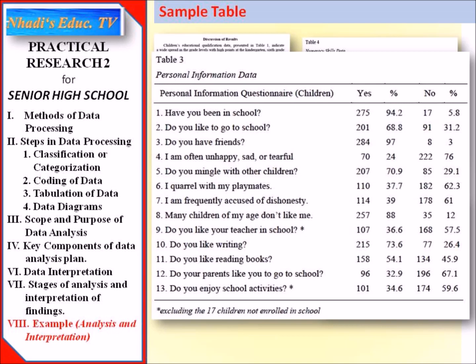There are 13 questions, and there is an asterisk below this table, which states that it excludes the 17 children not enrolled in school. So that is another piece of information aside from the data that were described.